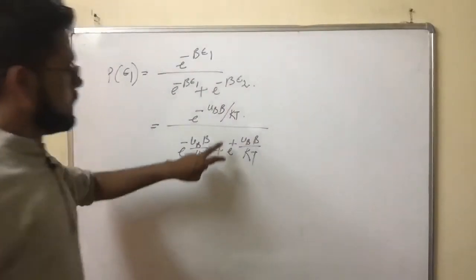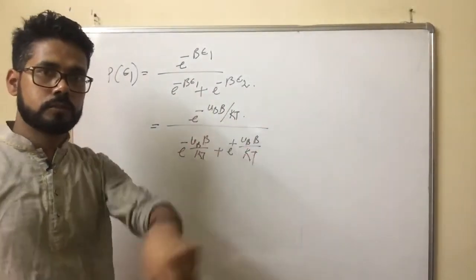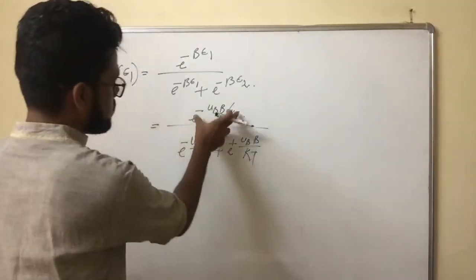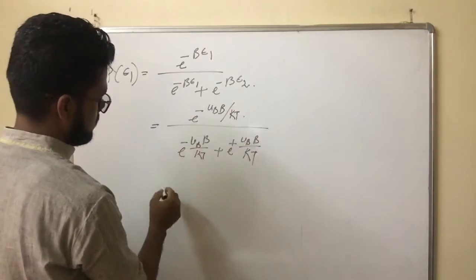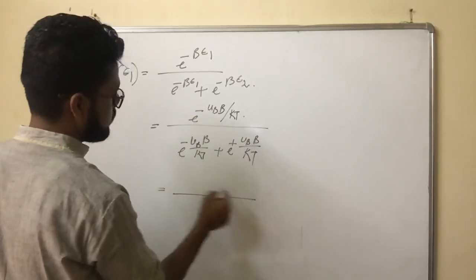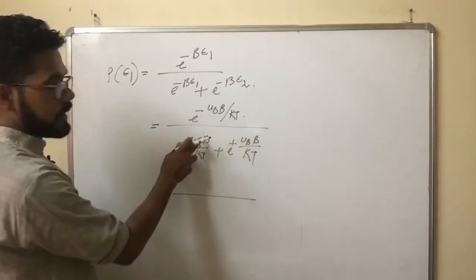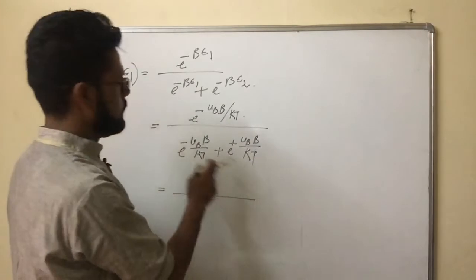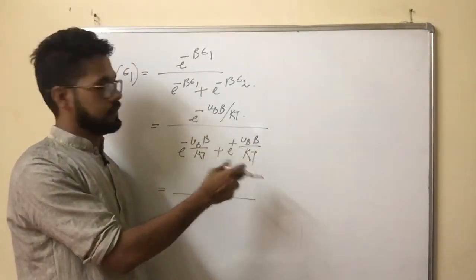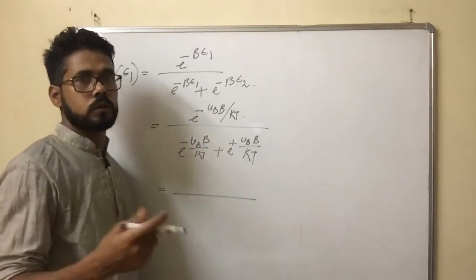Now see, your answer may be like this. If this appears in a multiple choice question in the NET, the answer may be in a different form. You can do it this way or a different way. The denominator is e to the power x plus e to the power minus x, which equals 2 cosh x.